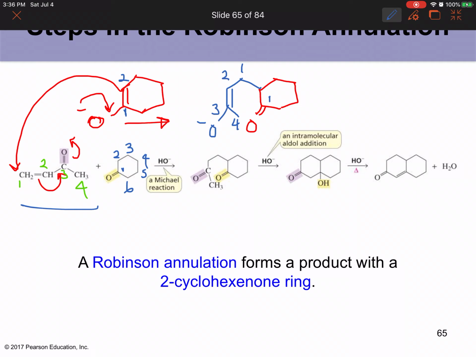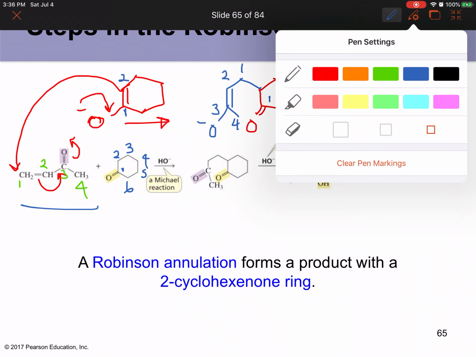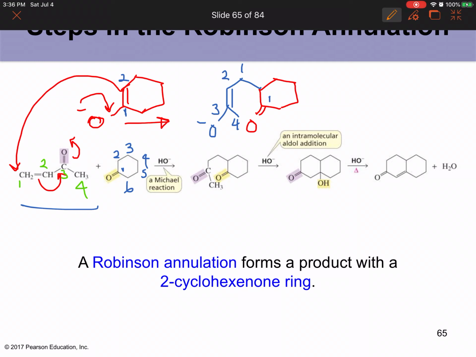Then this can reform the carbonyl group like this, and then grab a hydrogen, H plus, so it's going to reform the structure, the carbonyl group over here, this one, the methyl group, and that is this group. They are the same. Okay, now you form this part.